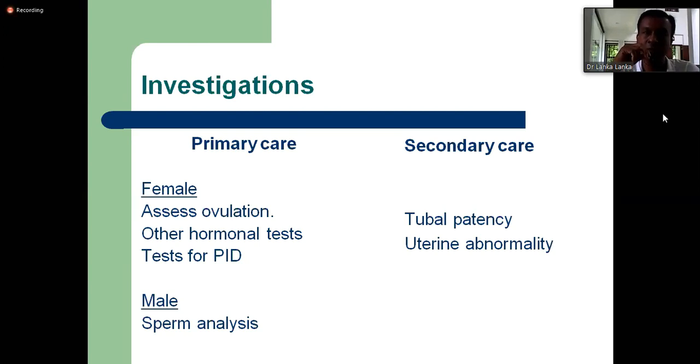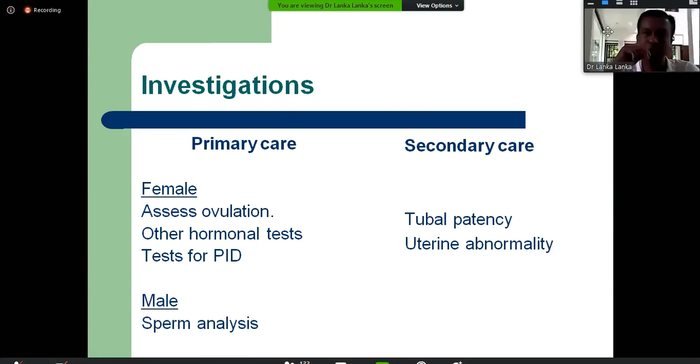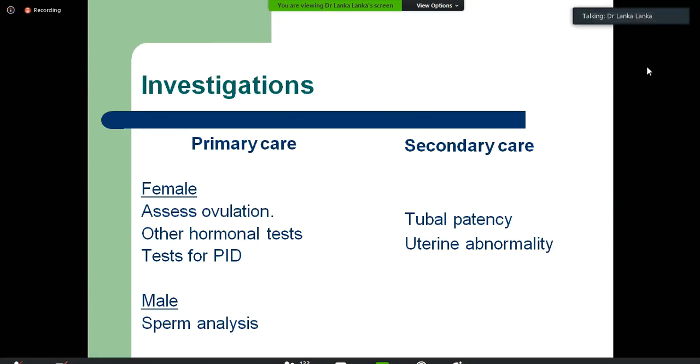For example, taking swabs from the cervical canal for NAT, nucleic acid amplification test, because the prevalence of PID due to chlamydia is higher in the younger population.